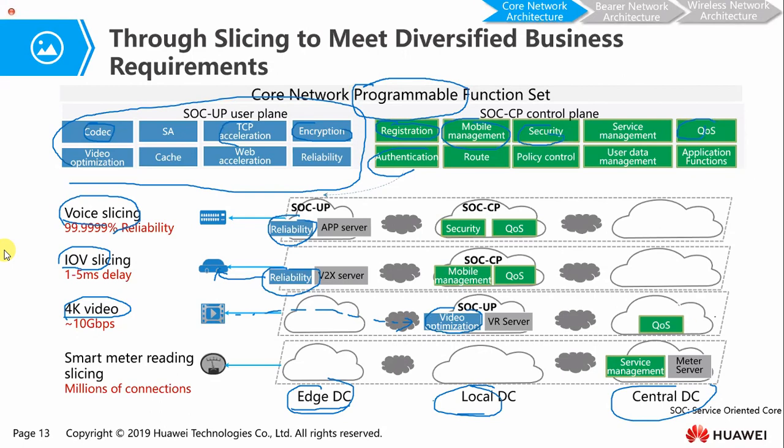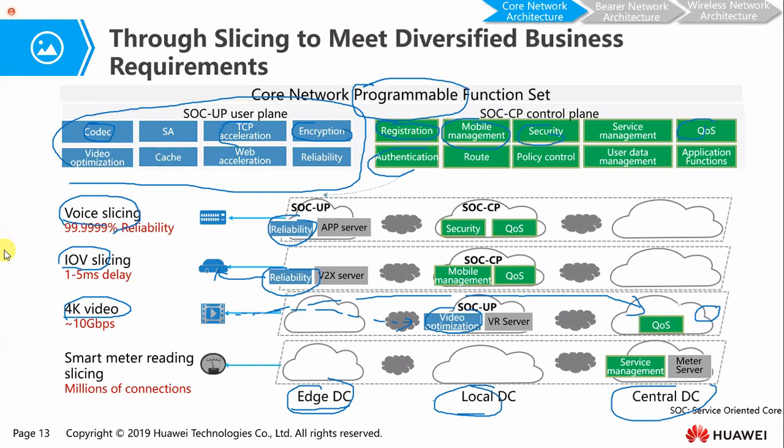Compared to 4G, where the user plane in the core network is maybe in the central DC, if the terminal visits the central DC, which is very far, it may cause delay.